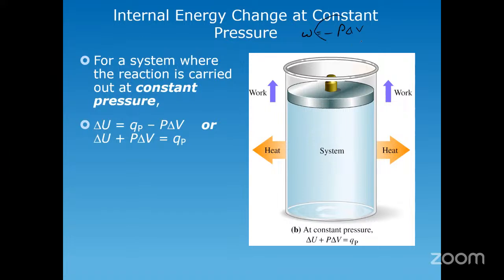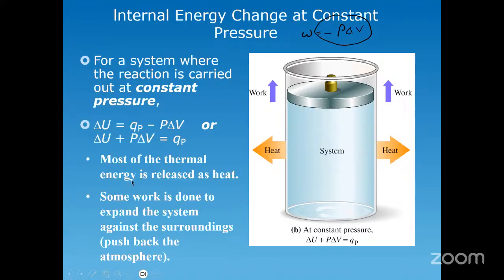So they put minus P delta V in the equation where W is, and you end up with this equation right here. And we can rearrange this equation to get QP is equal to delta U plus P delta V, right?